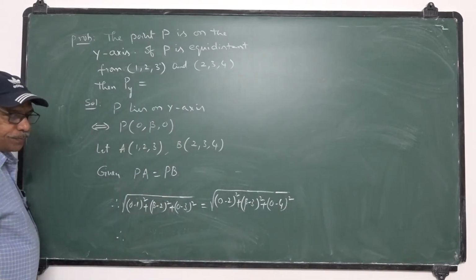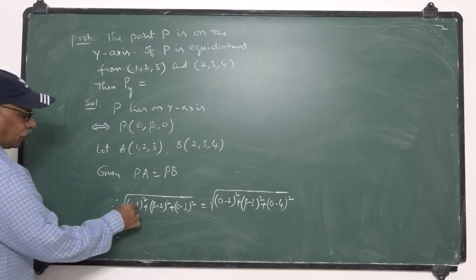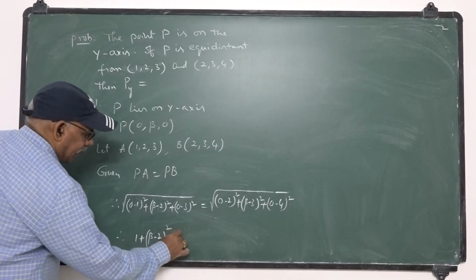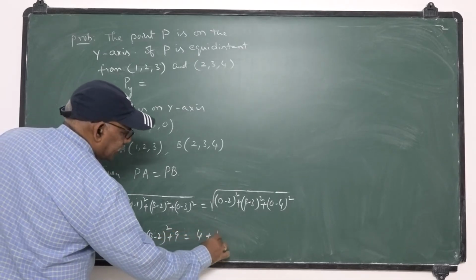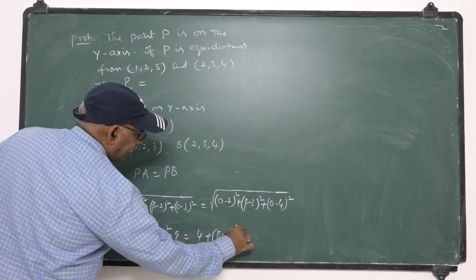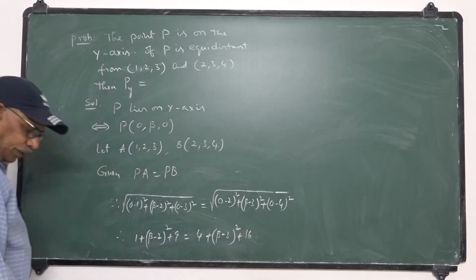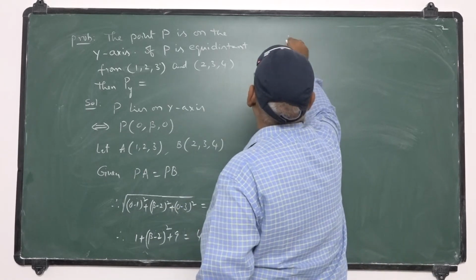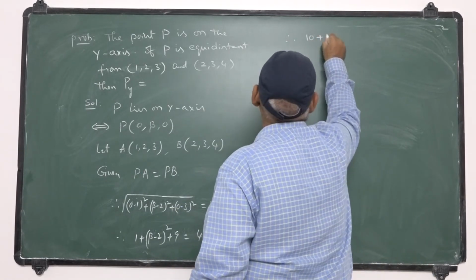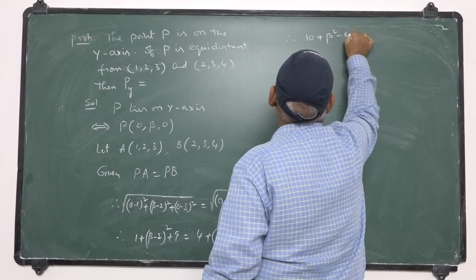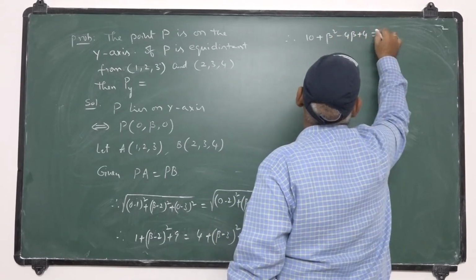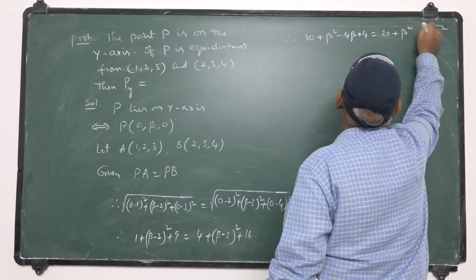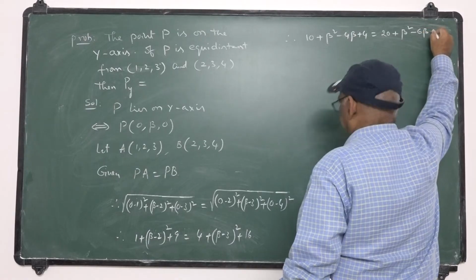Squaring and removing the square roots, we get 1 plus (beta minus 2) whole square plus 9 equal to 4 plus (beta minus 3) whole square plus 16. From this you can find the beta value. Therefore, 10 plus beta square minus 4 beta plus 4 equals 20 plus beta square minus 6 beta plus 9.